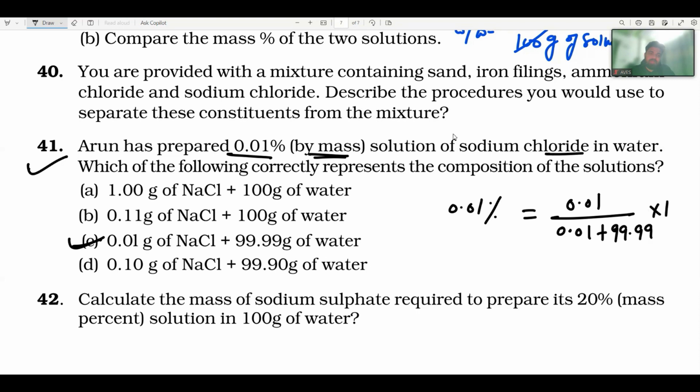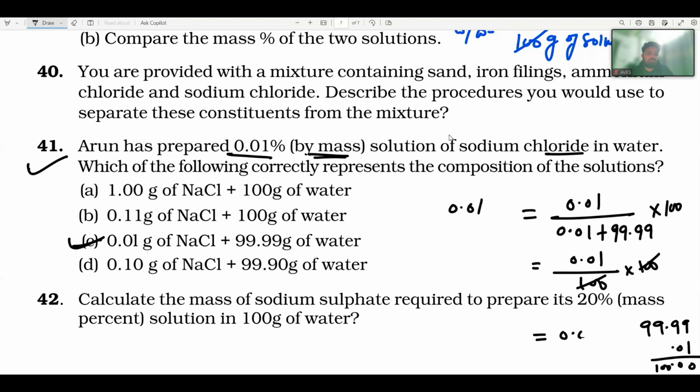When you add these two, 99.99 and 0.01, you get 100. So this will become 0.01 upon 100 into 100, which gives you 0.01%. So option C is correct.